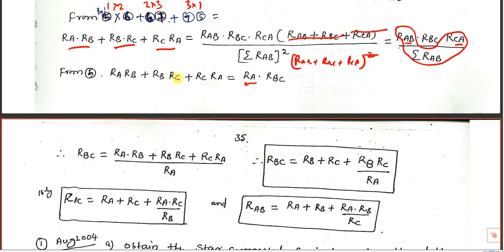RB by RB into RC divided by RA, RA by RC RA divided by RA, RA will get cancelled. So we are left with RB, then RC, then RB RC divided by RA. RBC is equal to RB plus RC plus the product of these two divided by the remaining one.